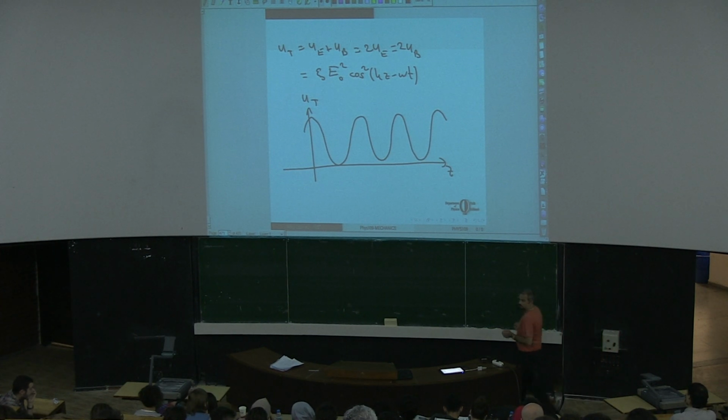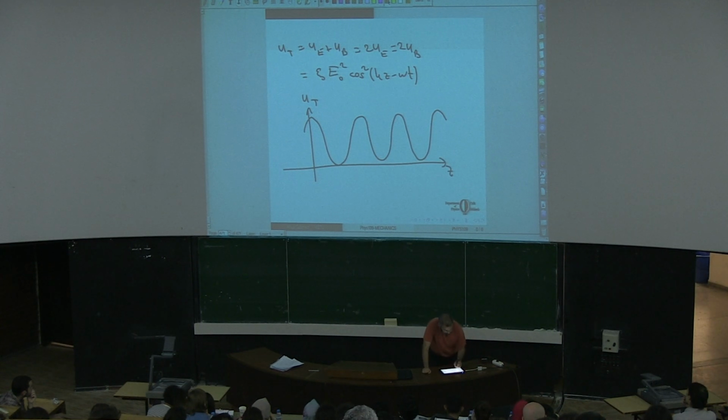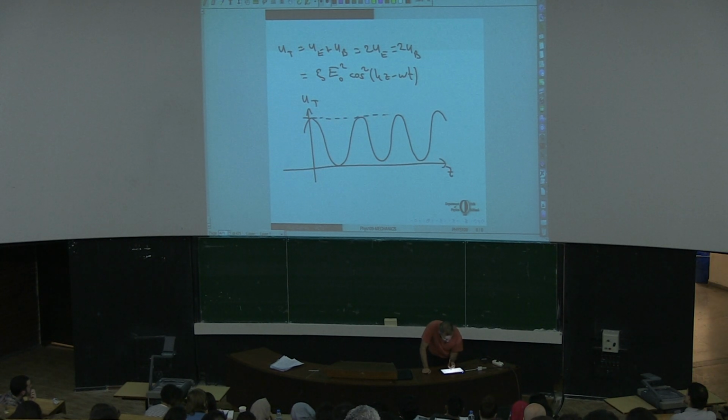Now, at a future time, it will just move. If you put a positive time here, it will have such a shape. Let's say this is the maximum. If you plot the same function at a different time, it will look something like this.